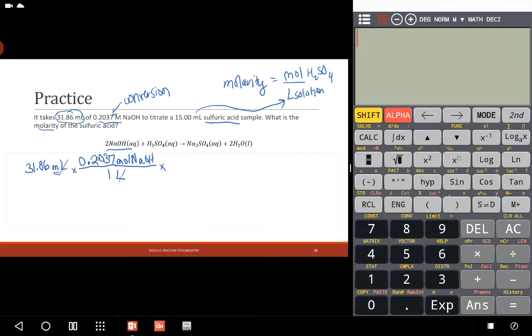It will make a little bit more sense in just a moment. But canceling out my L's, and now I have millimoles of sodium hydroxide. Now I can cancel out my moles of sodium hydroxide and get into moles of sulfuric acid. But really I'm in millimoles of sulfuric acid.